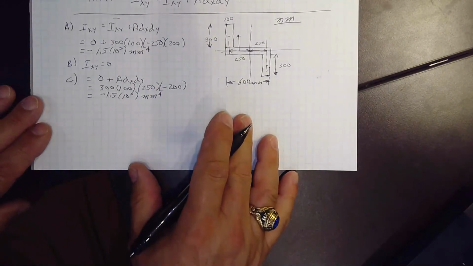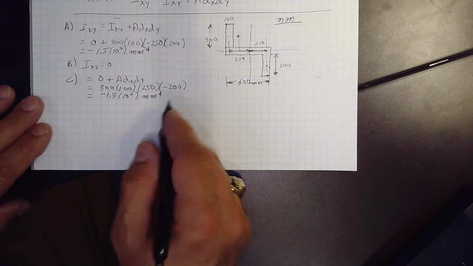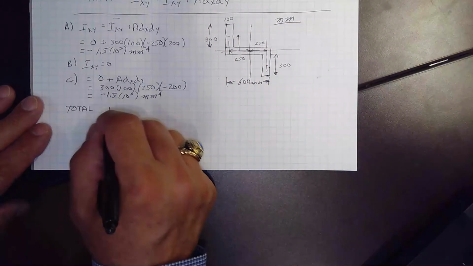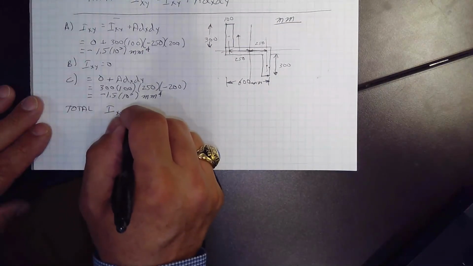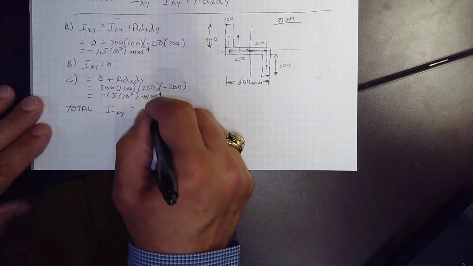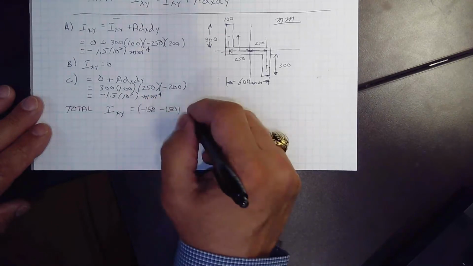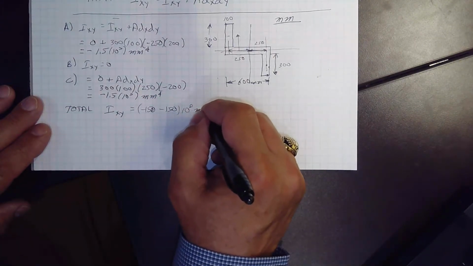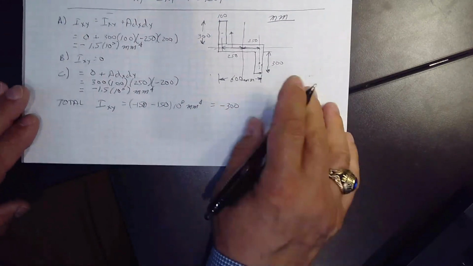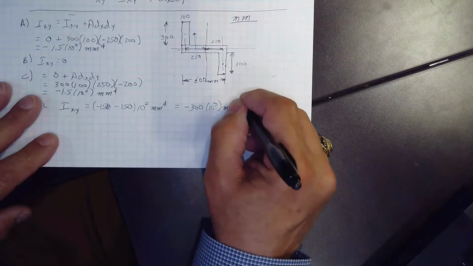So now we're going to add these up to get the total product of inertia for the cross section, right? So the total IXY is going to be equal to minus 150, and that's of course times 10 to the 9th millimeters to the 4th, which of course is equal to negative 300 times 10 to the 9th millimeters to the 4th.